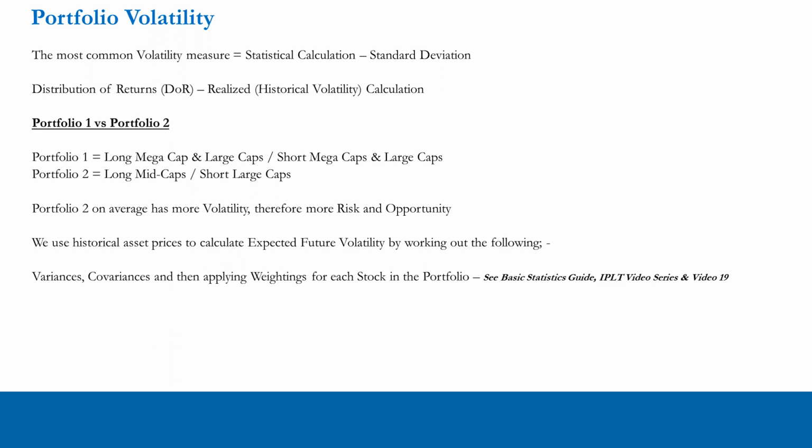When modeling portfolio volatility, to get an expectation of future volatility, we use historical asset prices to work out variance and covariance, and then apply weightings for each stock in the portfolio.